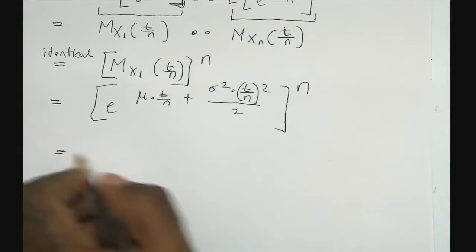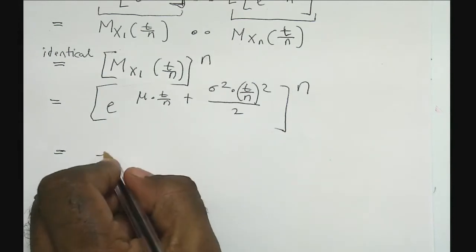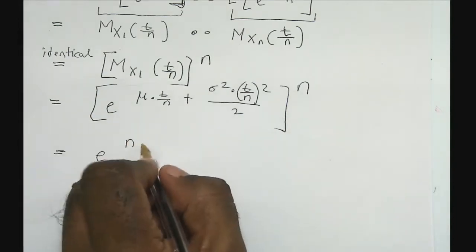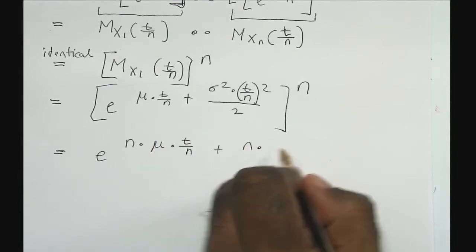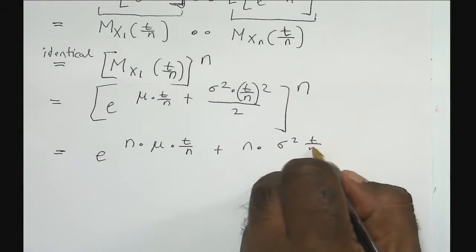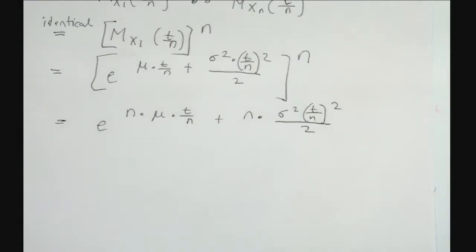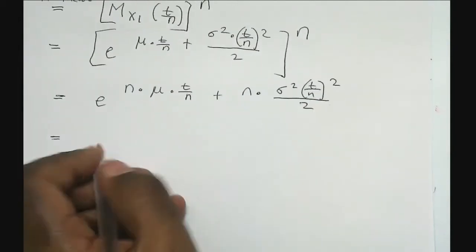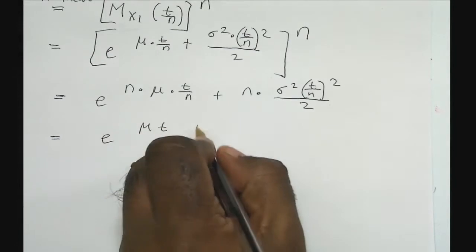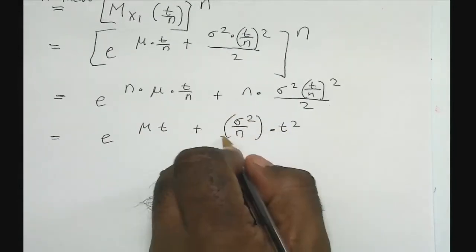Now, when you take the nth power of an E term, you're basically multiplying the power inside by n. That's what you're doing, all right? So what you have here is mu t plus sigma squared divided by n times t squared divided by 2.